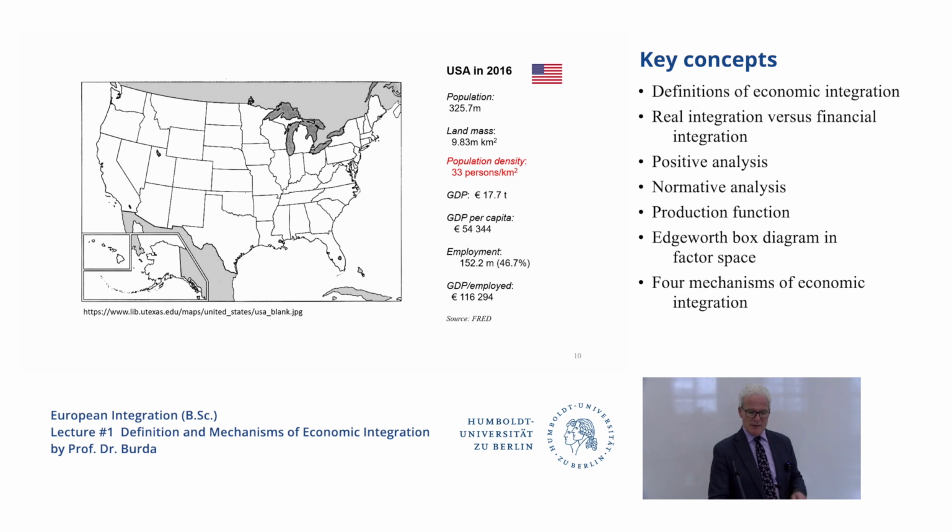So let's compare that to the United States. Here's the US. It's also an integrated economic, much more integrated economic unit. Fewer people. Okay, so we'll fast forward to 2022. You can look at the slide if you'd like later. 330 million people.